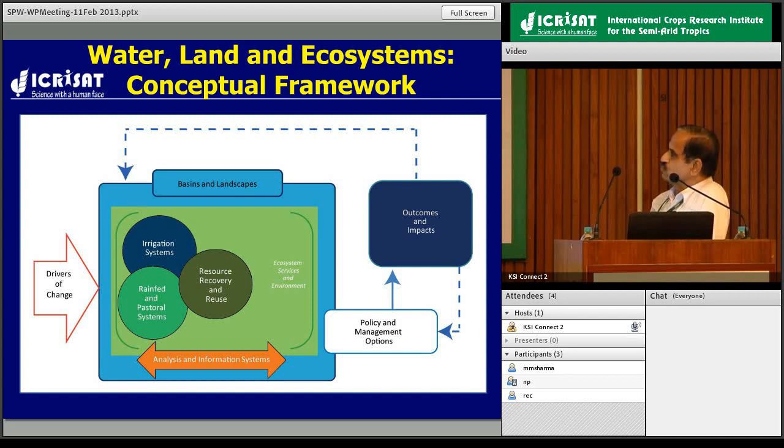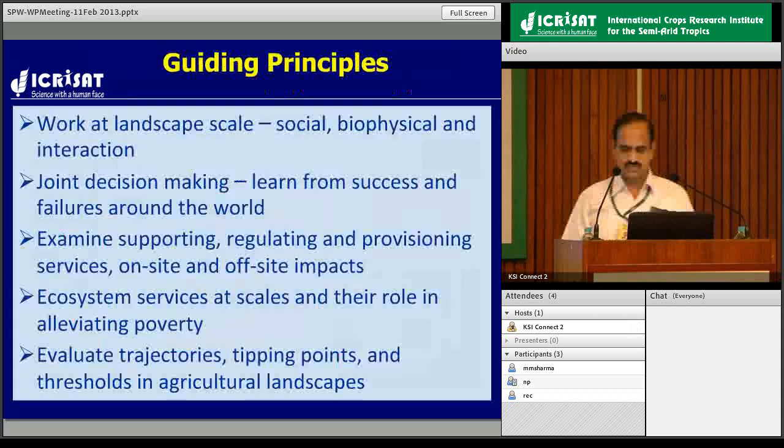Of course, we know there are a lot of external drivers which change the functioning of the ecosystems, and we will be working at the landscape scale and the basin scale for most of the time, and information services will be the backbone for sharing the information with different stakeholders to come up with the policies and management options to reach the outputs, outcomes, and then have the feedback mechanism into the research programs as such.